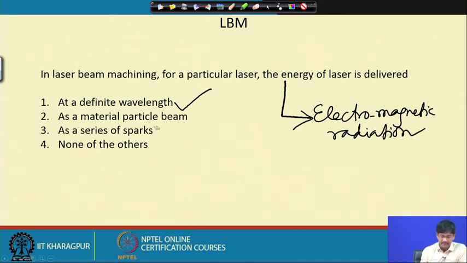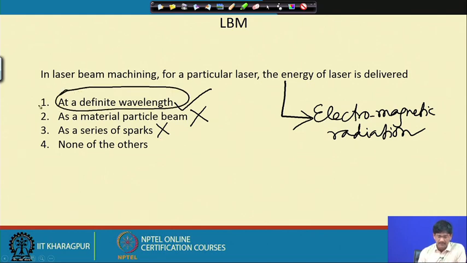As a series of sparks, no. Sparks are pertaining to electrical discharge machining, so people confused with that will take this one. This is not correct, and therefore we have this as the correct answer.